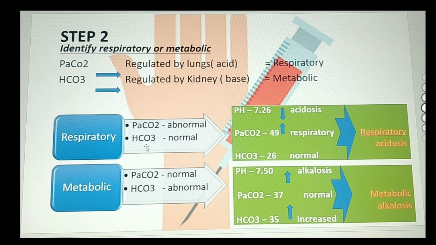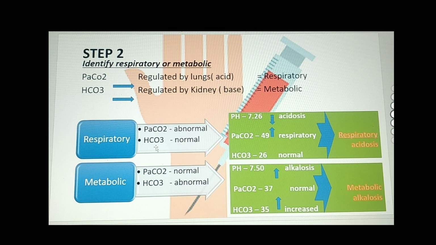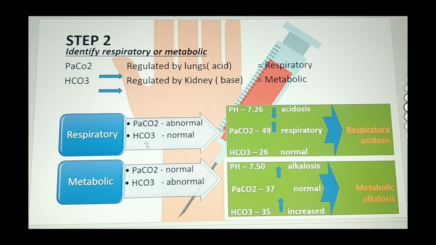So HCO3 35, that means metabolic, and pH 7.5 increased, so that is alkalosis. So it is crystal clear, it is a metabolic alkalosis. I hope you understood.